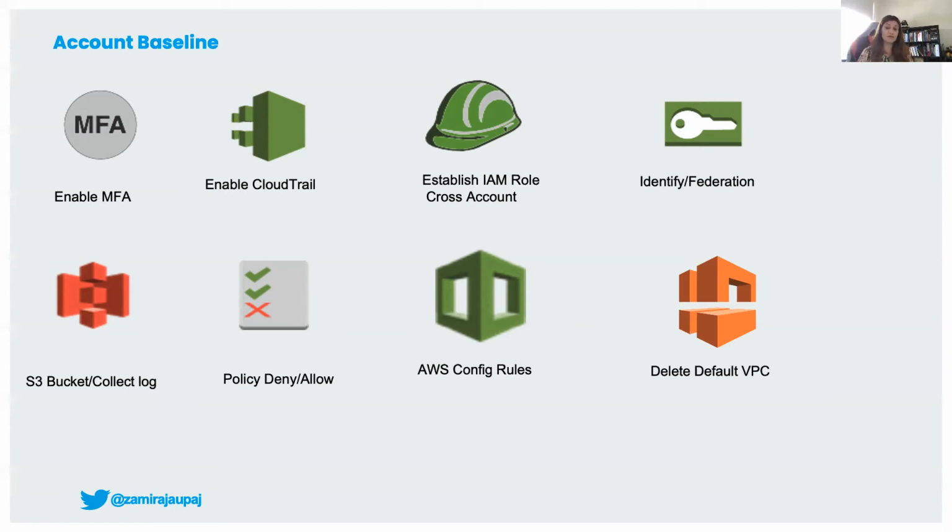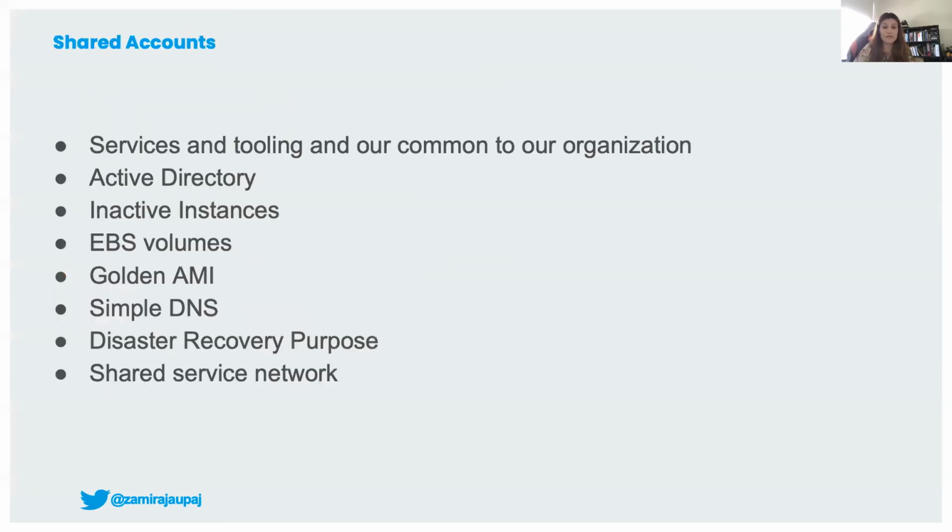Also about networking, Control Tower allows you to automatically delete the default VPC, so you can set up your own networking design. Probably you can have more public layers or more private layers, depending on your solution and your application. Shared accounts include the logging account and the audit account.